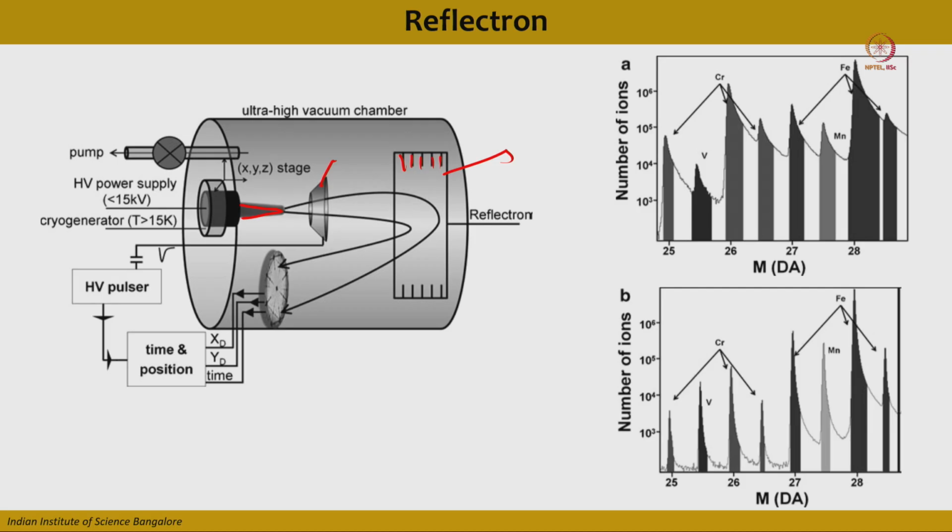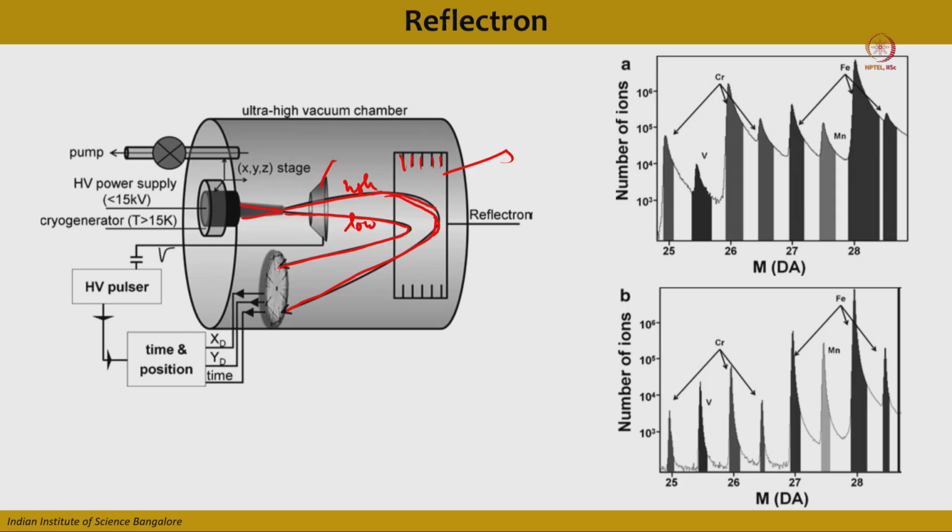So the ion which has higher energy will travel into this reflectron at more distance before being deflected, and will reach the detector at the same time of flight as the one which has low energy, which will be deflected much earlier and reach the detector.